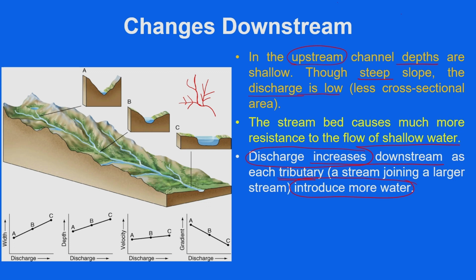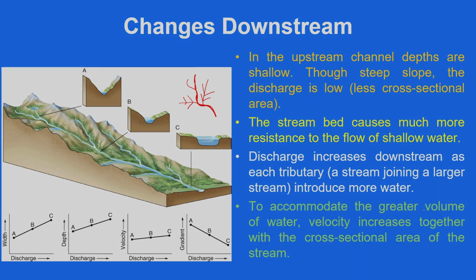Okay. Not only that, but the bed load will also increase. So it will have more material coming into the main channel. To accommodate the greater volume of water, velocity increases together with the cross-sectional area. Cross-sectional area, basically we are talking about this area.